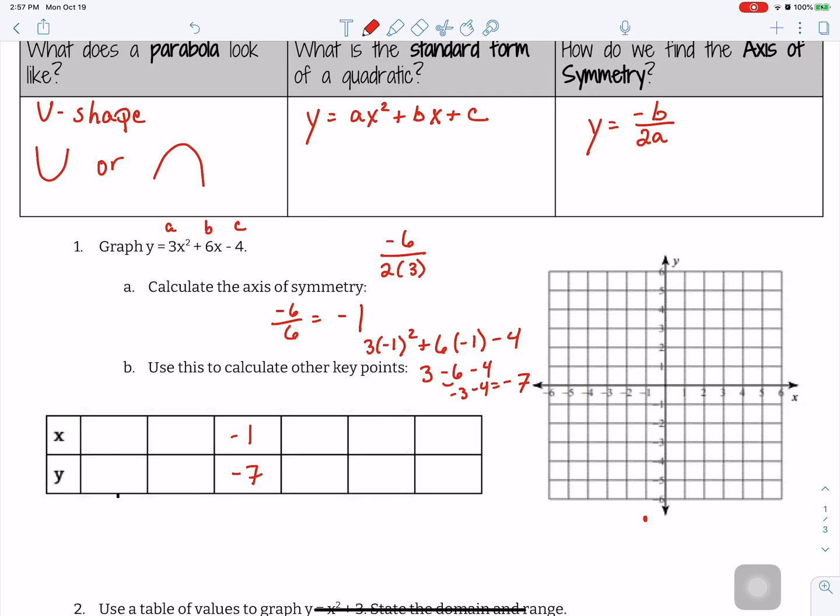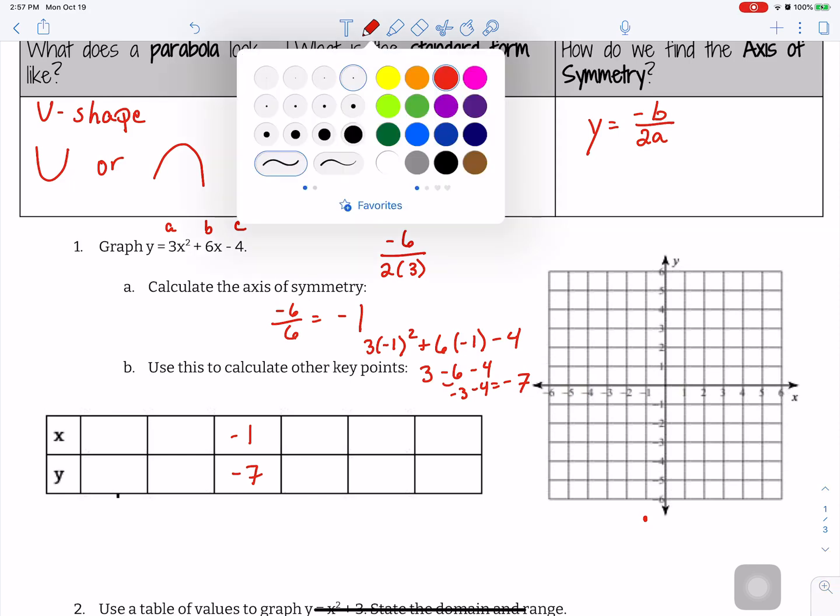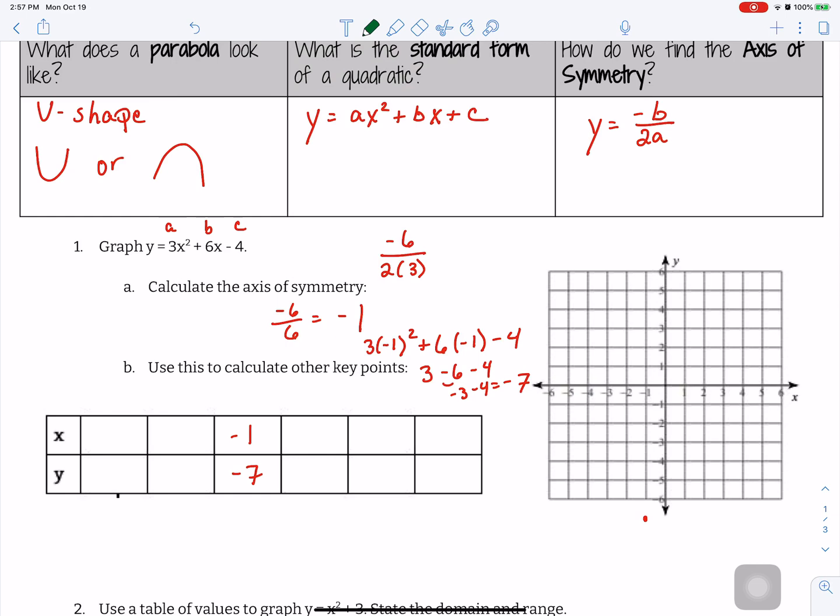Once I know the axis of symmetry, I can start going out from there, and I'm going to look at my next point on my graph. So I'm going to be looking at our point of 0, and when I put in 0 for x, that's going to be 3 times 0 squared plus 6 times 0 minus 4. So this would end up being negative 4. 0, negative 4 is part of my graph.